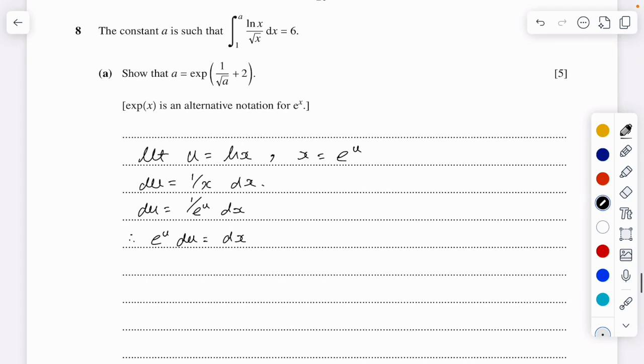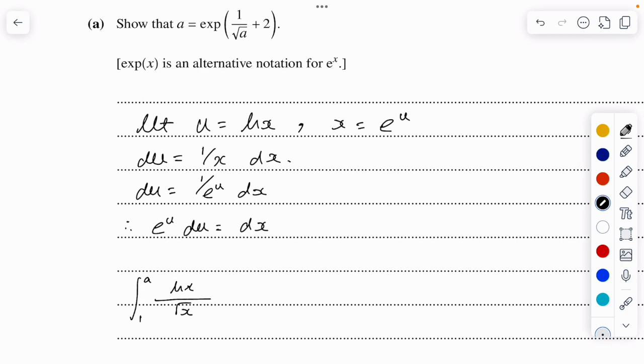So, if we integrate between 1 and a of ln x over root x dx, according to our new parameters, we've now got ln a at the top and 0 at the bottom, because when x equals 1, u must be equal to 0.